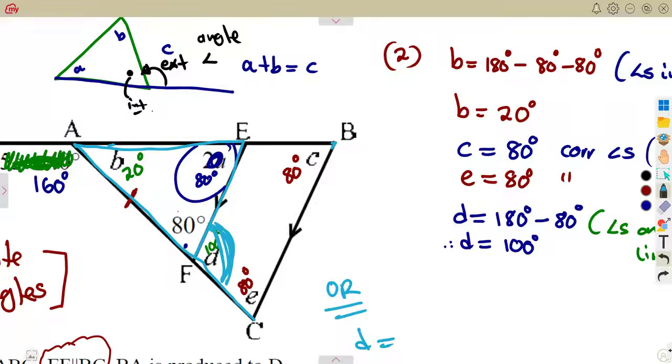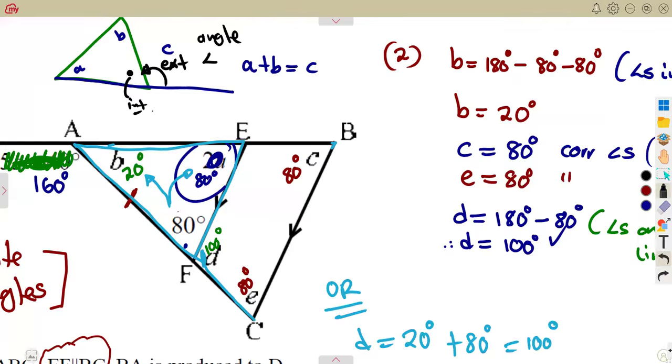Remember the concept of the exterior angle. So this D, the exterior angle, must be equal to the sum of the opposite interior angles, which are the 20 and this 80. So 20 plus 80 is equal to 100 degrees.